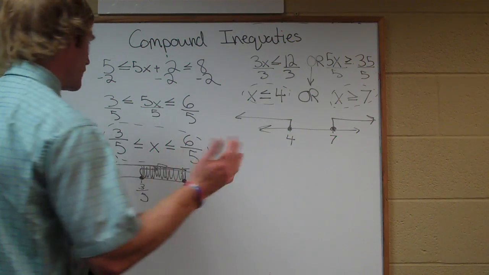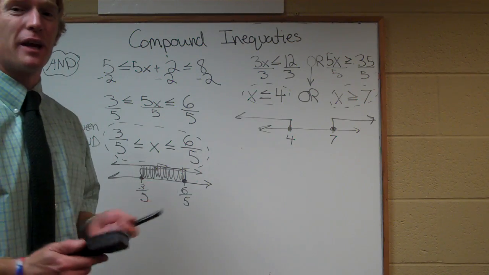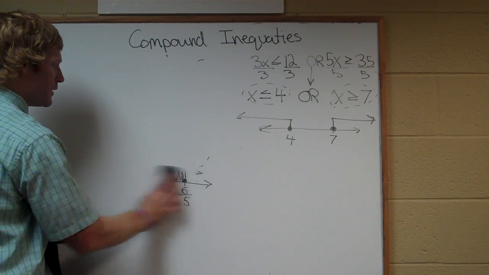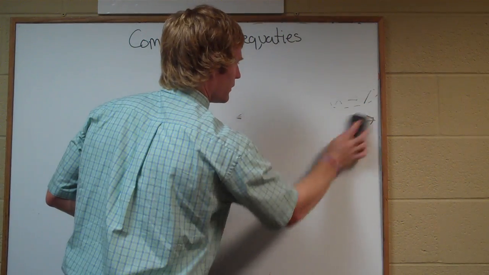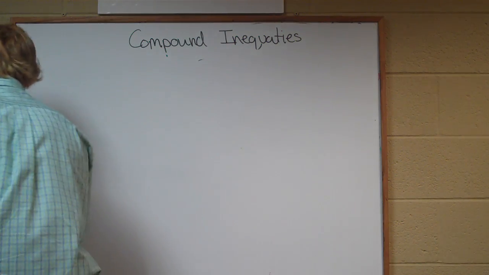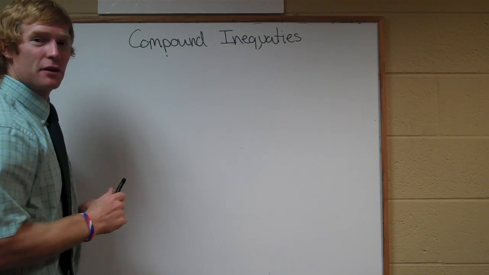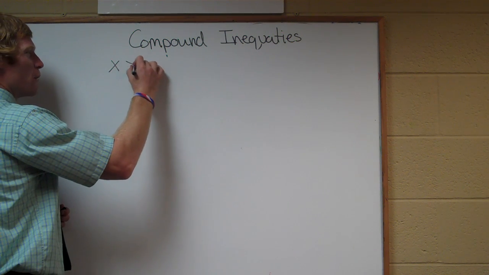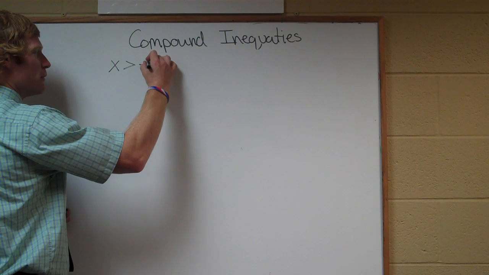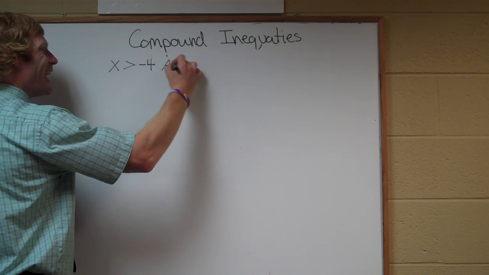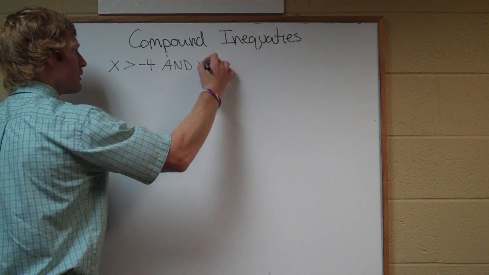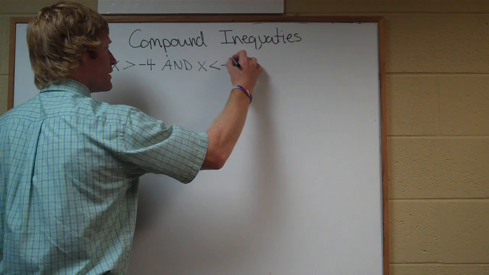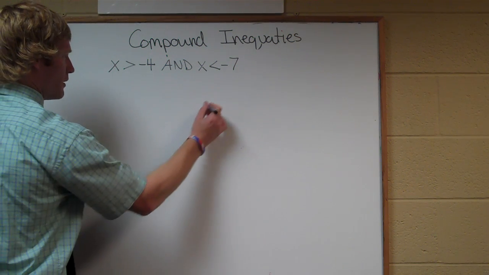Let's do another example and see where some of the special cases come up. Alright, now, if I'm giving you a problem like this, and we're going to like for you to graph, that if you get to a solution and say x must be greater than -4 and x must be less than -7, let's go ahead and graph these.